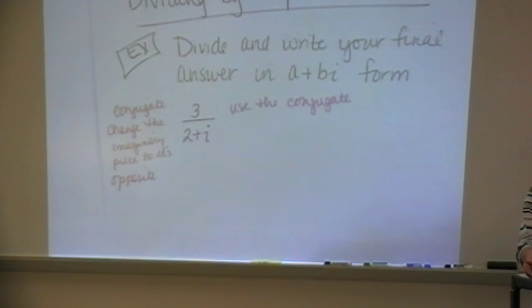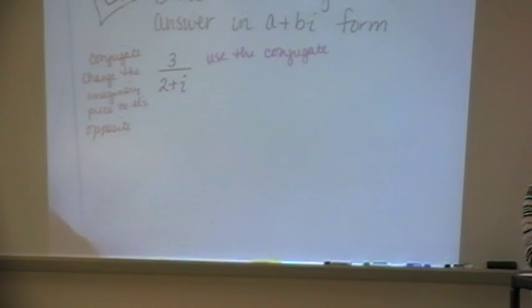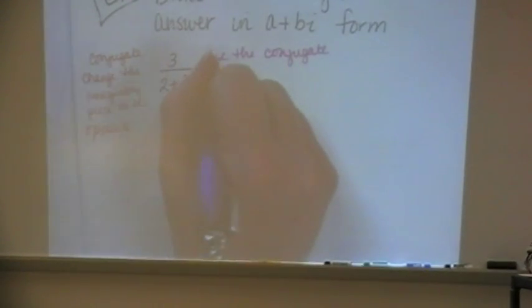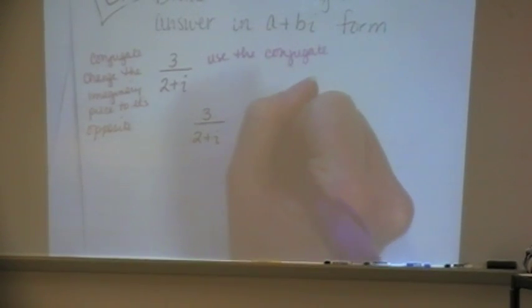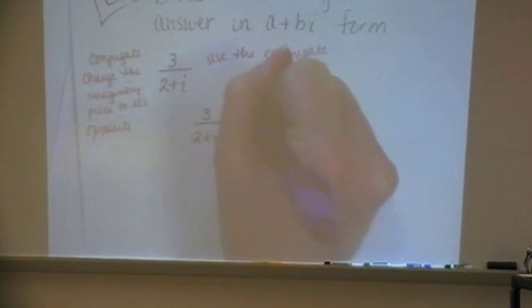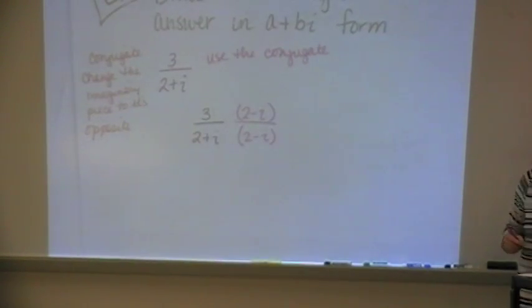So in this case, I'm going to multiply both the top and the bottom by the conjugate. So I have 3 over 2 plus i. The conjugate of 2 plus i is 2 minus i. If you multiply the bottom, you also have to multiply the top.